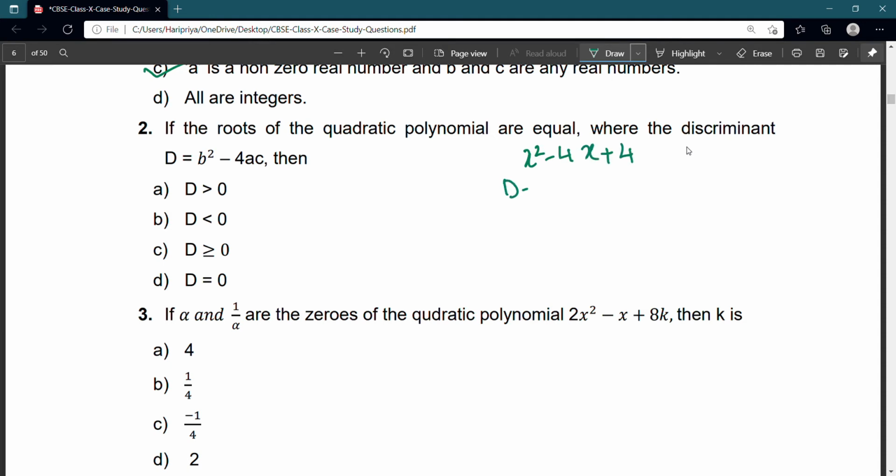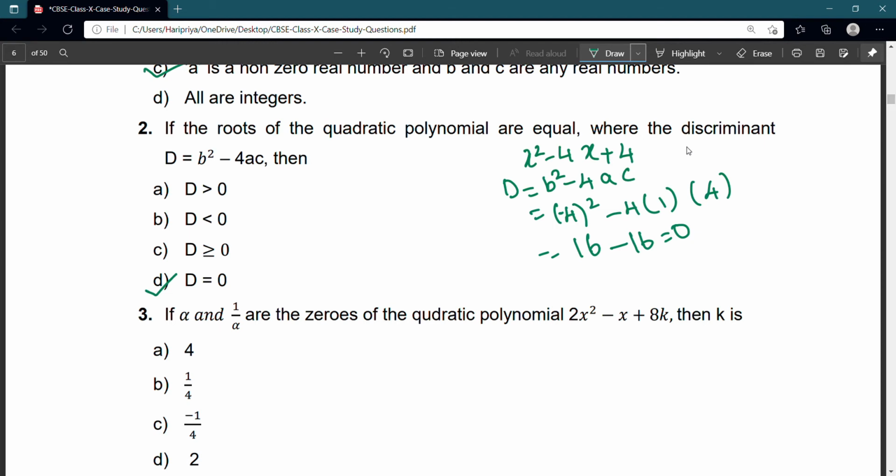The discriminant they have given is b square minus 4ac. b is nothing but the coefficient of x, so that is minus 4, the whole square, minus 4 times a, the coefficient of x square, which is 1, and the constant term is 4. So minus 4 the whole square is 16, minus 4 fours are 16, so that equals 0. So when the roots are equal, the discriminant D is equal to 0.